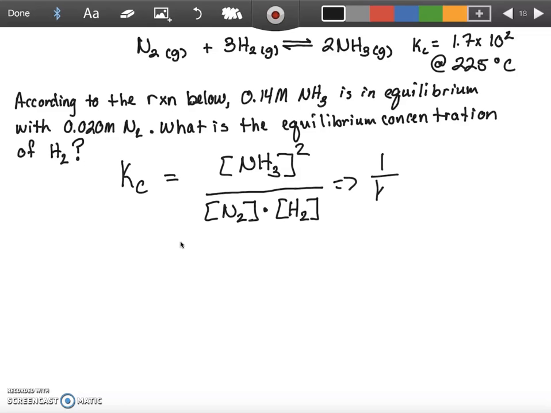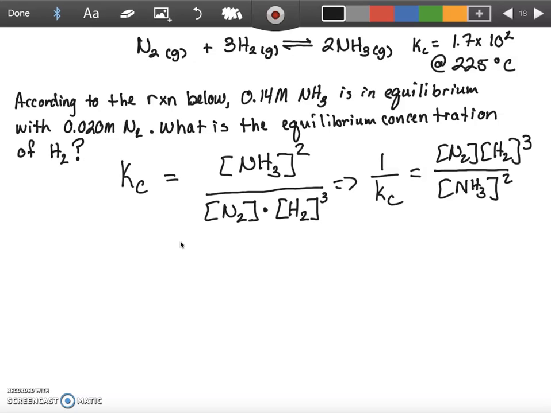So now I have 1 over Kc, because we want to get the H2 by itself. And the H2 needs to be on top. It's not necessary to show all of your algebra steps on the AP exam, believe it or not.